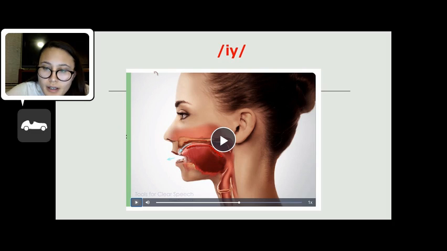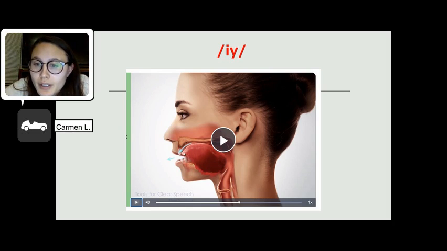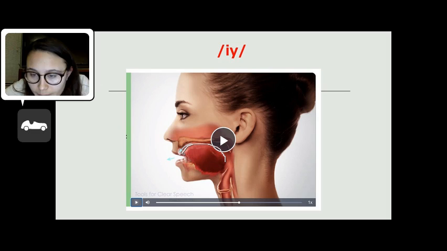Here is the tongue. Here is the back of the throat. So here is the tip of the tongue, and here is the rest of the tongue.